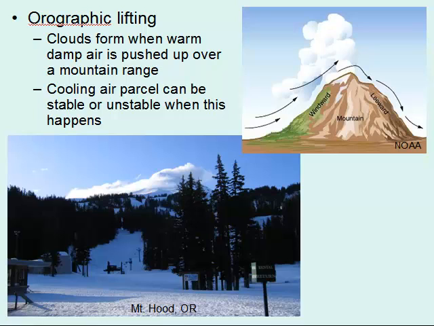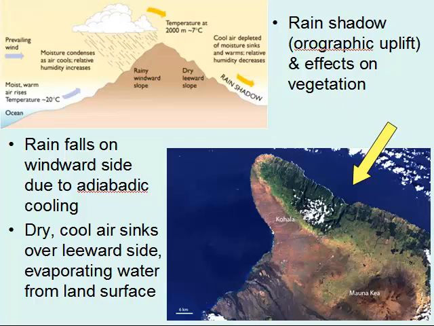This is the exact reason, because as that air is running into the windward side of the mountains, so here we have another example. We have that prevailing wind coming from the ocean, it strikes the Cascades, and as it's hitting the Cascades, it's being forced up and over that mountain range. The air cools adiabatically, so it's rising, it's expanding, it's cooling, condensing, and we often get rain and precipitation on the windward side of that mountain range.